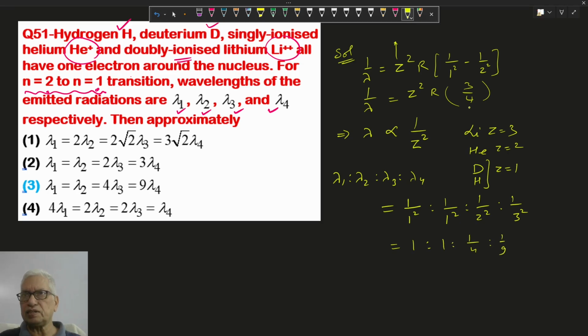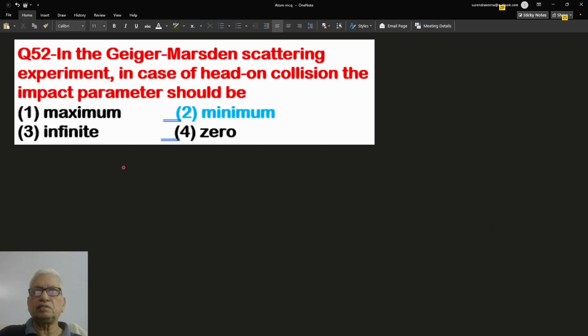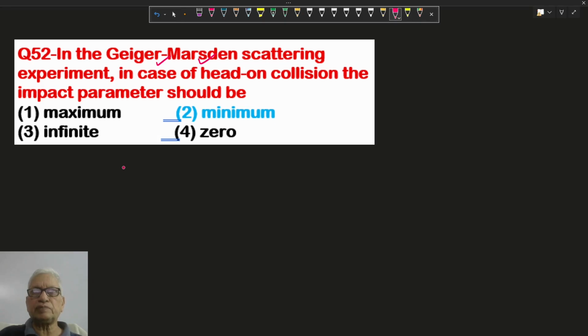If we multiply, lambda 1 equals lambda 2 because both are the same here, that is 4 times lambda 3 and 9 times lambda 4. In this ratio, these are the relations. Option 3 is correct.